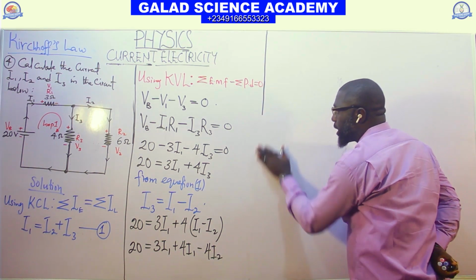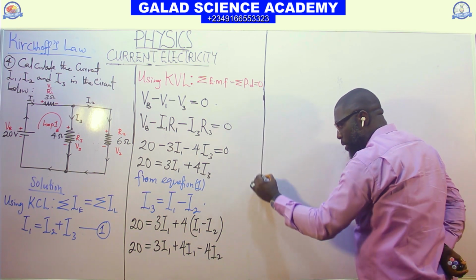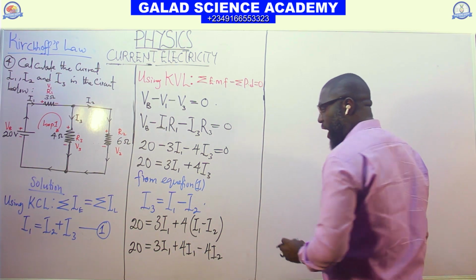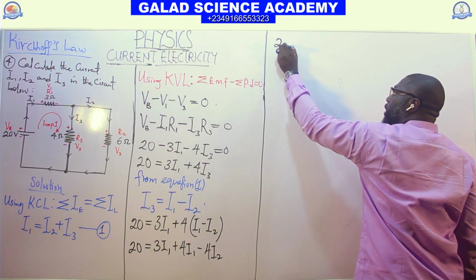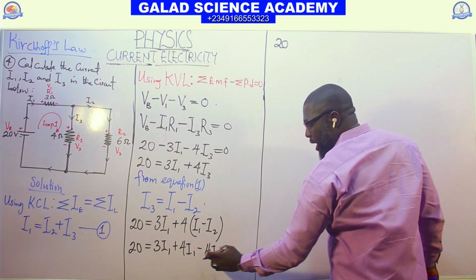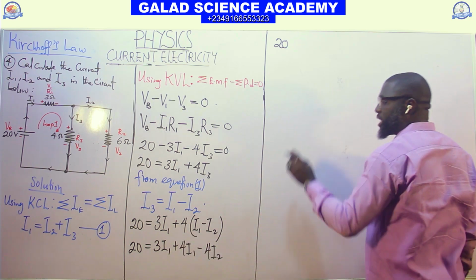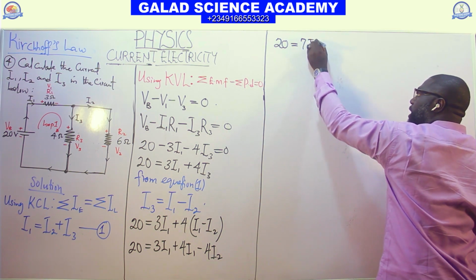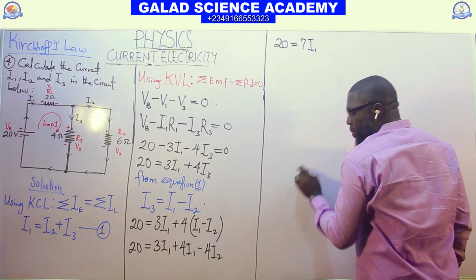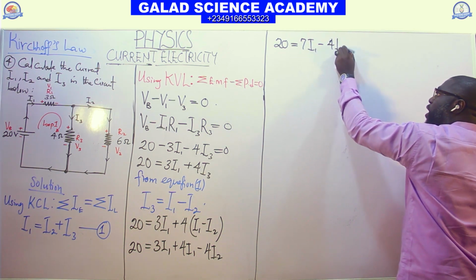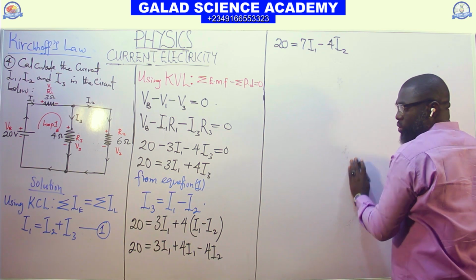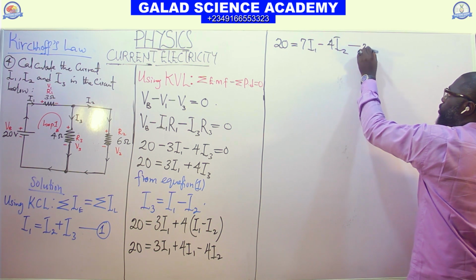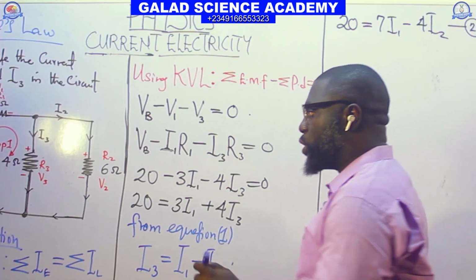By adding this together, I'm going to have 24 plus 3 to give us 7, will be equal to 7I1 minus 4I2. Yes, good. I can call this equation 2.